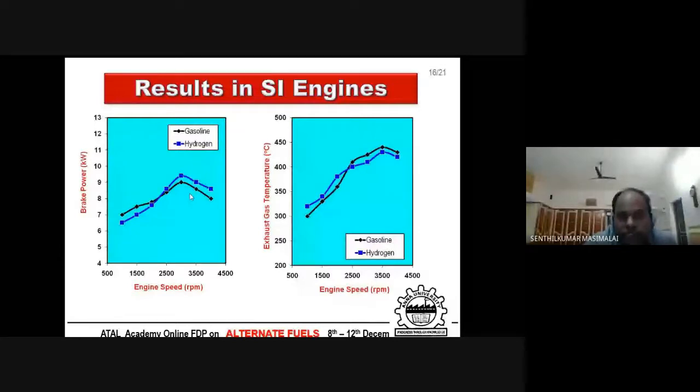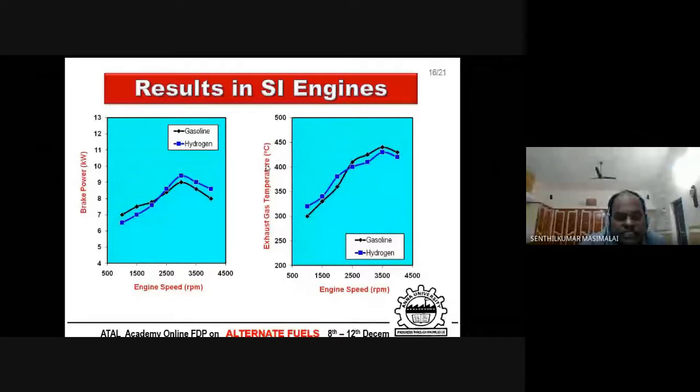This is because of the fast combustion rate, better mixing of air and fuel, and minimized flame quenching. The rapid combustion helped in achieving constant volume combustion. Because of all these reasons, hydrogen resulted in higher thermal efficiency.